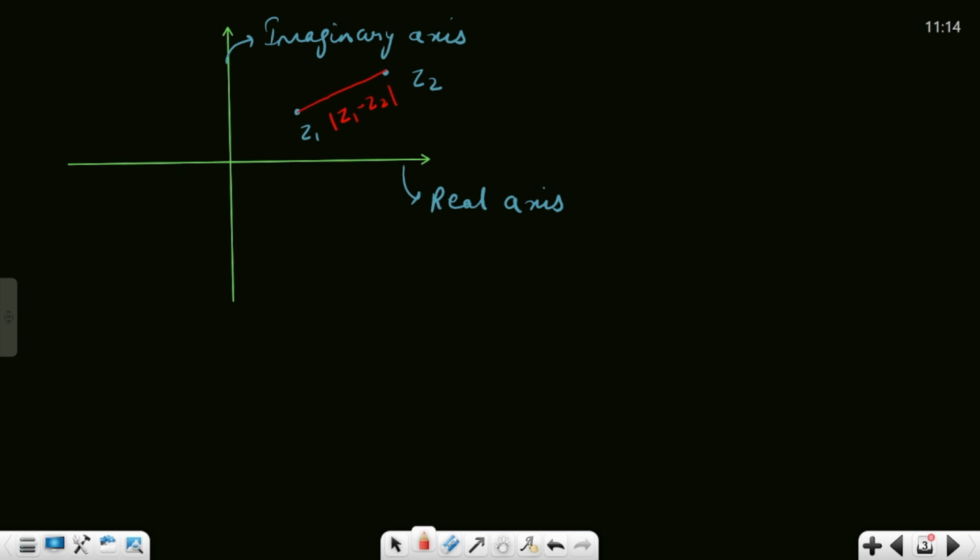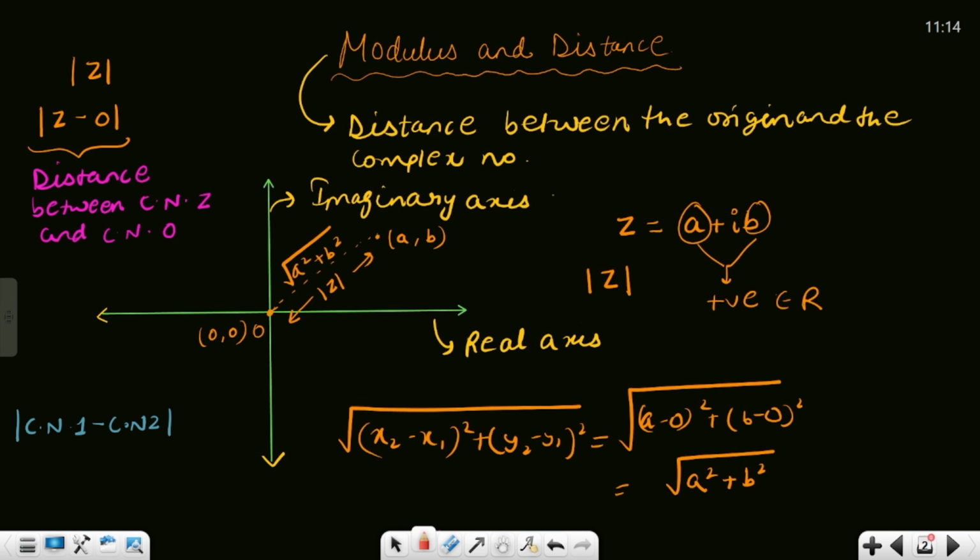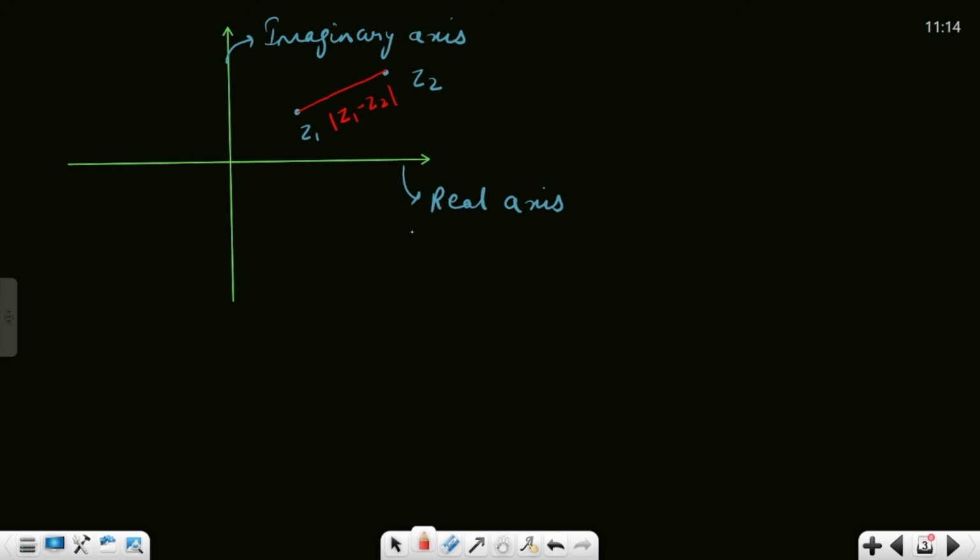This will give us the distance. Now, it does not mean it is giving us the modulus. Modulus is simply the distance between the origin and that complex number. Distance we can measure from any complex number to any complex number.